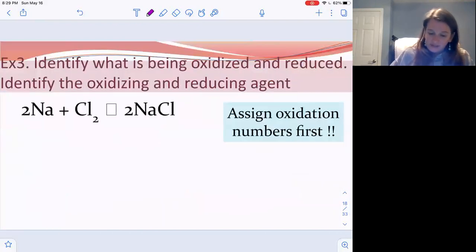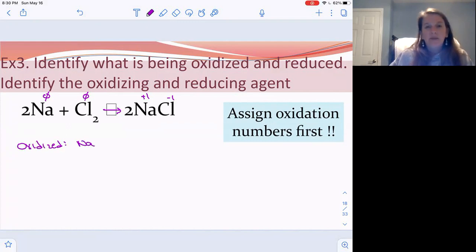So when we look at this example here, we're trying to figure out what's being oxidized and what's being reduced so that we can identify the agents. We're going to first assign our oxidation numbers. So this is 0, and this is 0 because they're both free. The sodium is +1, and the chlorine is -1. So what's oxidized? Well, we can look at our oxidation numbers, and we can see that the sodium is oxidized because it went from 0 to +1.